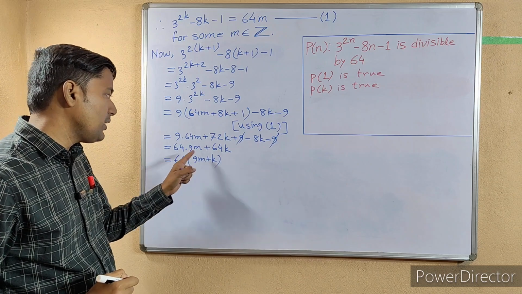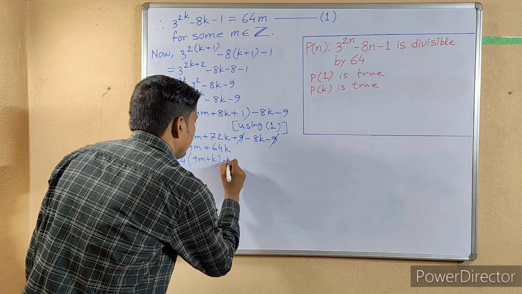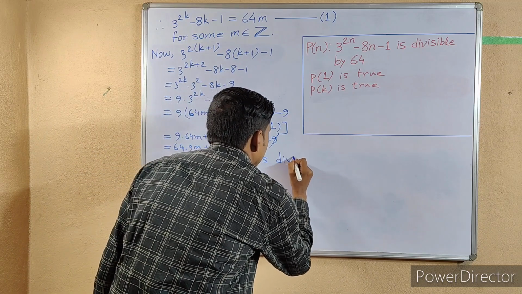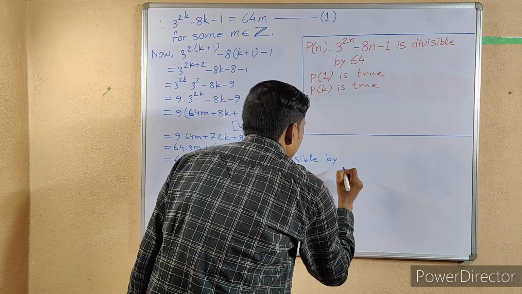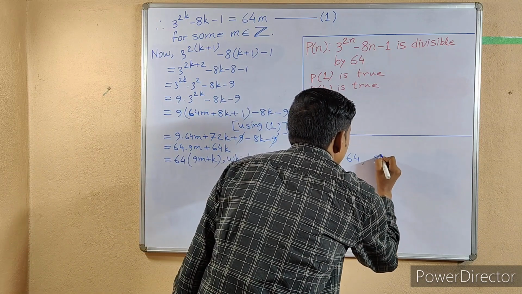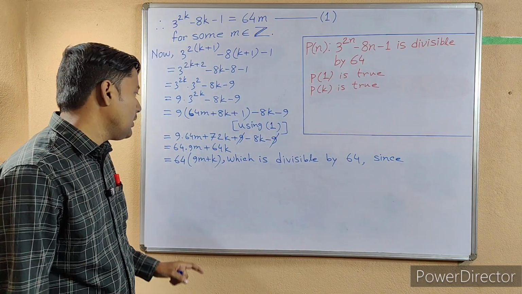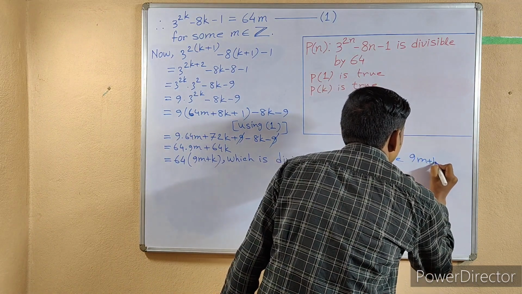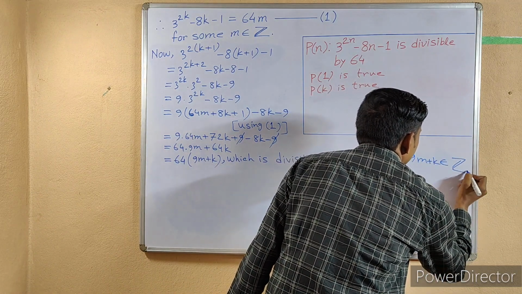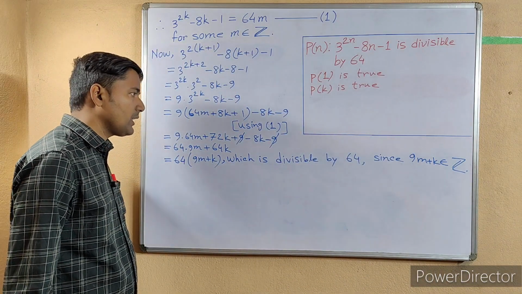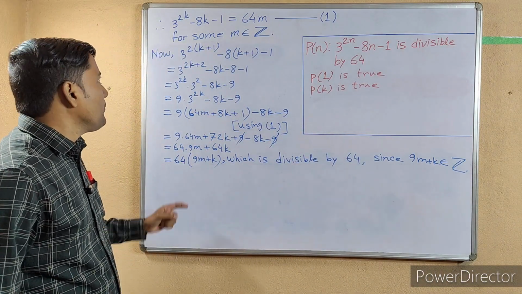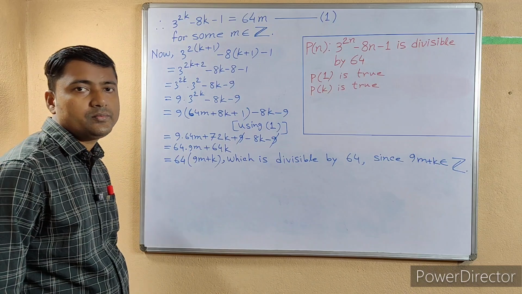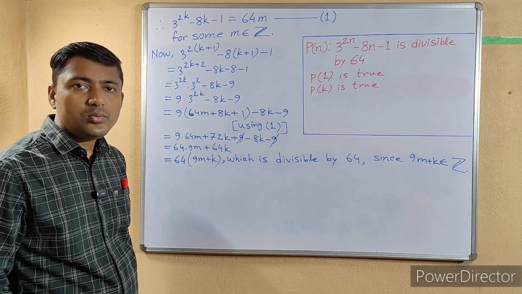So we have 64 into some integer, which is divisible by 64, since 9m plus k is an integer, that is, 9m plus k belongs to Z. So 3 to the power 2 into k plus 1 minus 8 into k plus 1 minus 1 is divisible by 64, that is, Pk plus 1 is true.